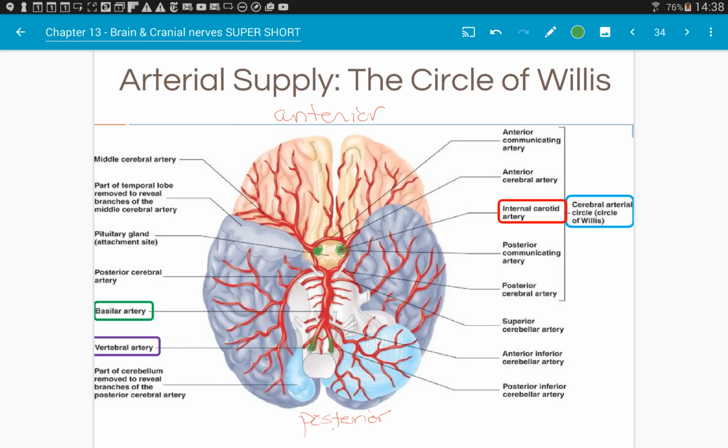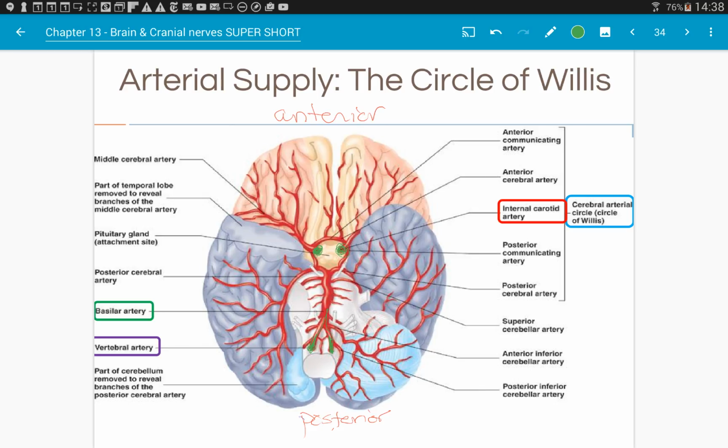Something neat that happens is these 2 vertebral arteries actually come together to form a larger artery. That never happens. So I think this may be the only place this happens in the body, because arteries tend to branch and branch and branch and become smaller and smaller. They don't tend to come back together.